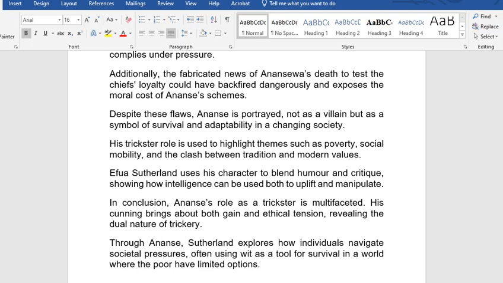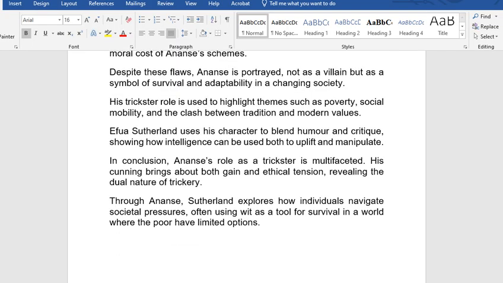Additionally, the fabricated news of Anansewa's death to test the chiefs' loyalty could have backfired dangerously and exposes the moral cost of Ananse's schemes. Despite these flaws, Ananse is portrayed not as a villain but as a symbol of survival and adaptability in a changing society.